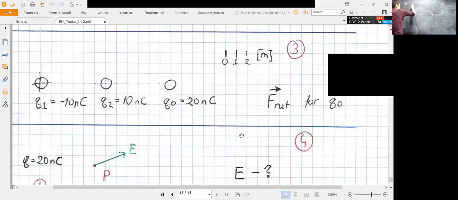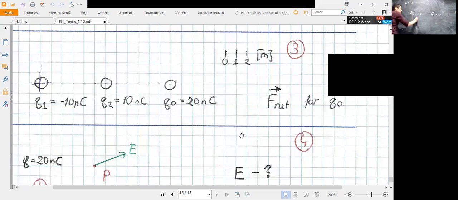So here is 0, here is 6, and this is the real part. So we should find the total net force on position Q0. Okay.